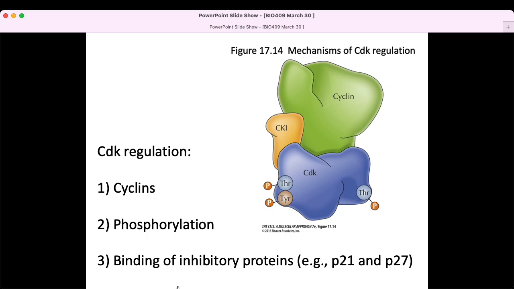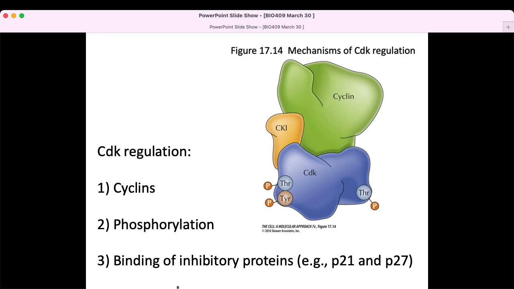If we want to talk about phosphorylation of CDKs, let's go to M phase, where it's a pretty good story. If you took advanced courses and did research, you might be researching those, because it's a big thing. But it's complicated because there are a lot of stories of inhibitory phosphates and activating phosphates. So we're not going to worry too much about it, except that it's part of the story.